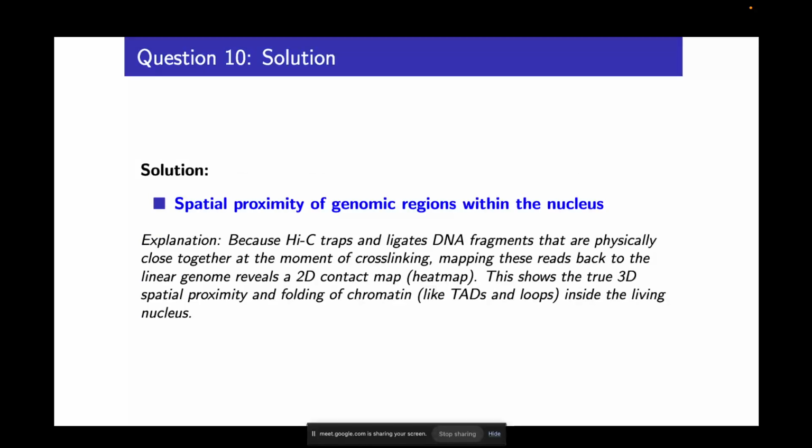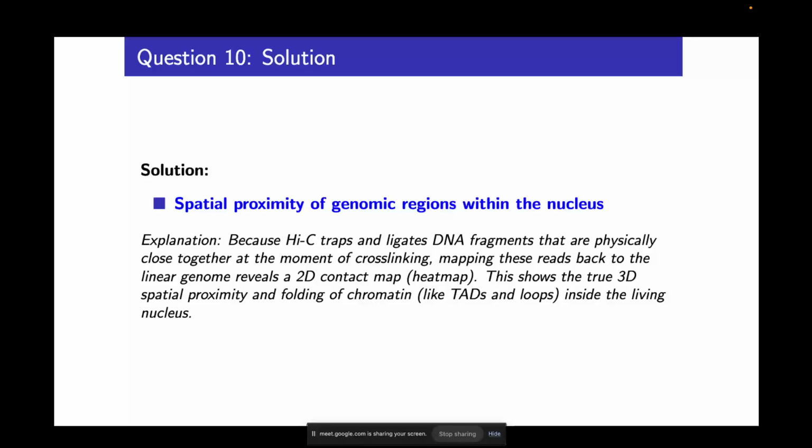It's a spatial proximity, basically. As I was saying, if you have a DNA segment which is very far away in terms of the sequence, those DNA segments can still be in close physical proximity due to the packaging of the DNA. So what you are trying to see is physically what is the distance between different DNA fragments, and what it gives you is a contact map, which is a heat map, and it shows you topologically associated domains and loop formations and so on.